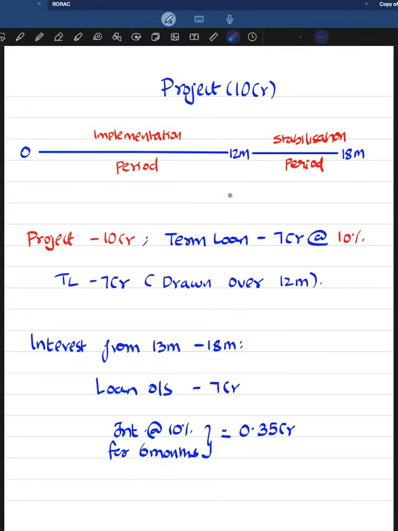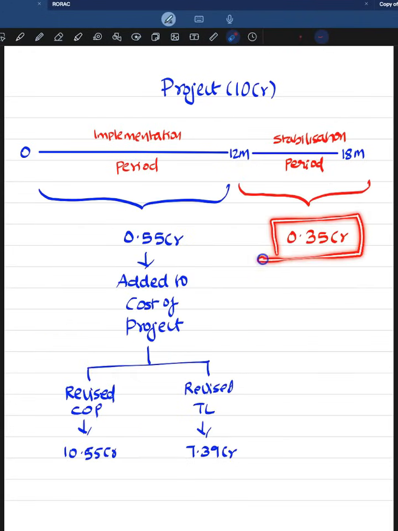So in order to help them during the loss period, banks generally give a moratorium. So in this moratorium period, that is from 12 months to 18 months, on the 7 crore, they have to pay interest at the rate of 10% for 6 months, which will work out to 0.35 crore.